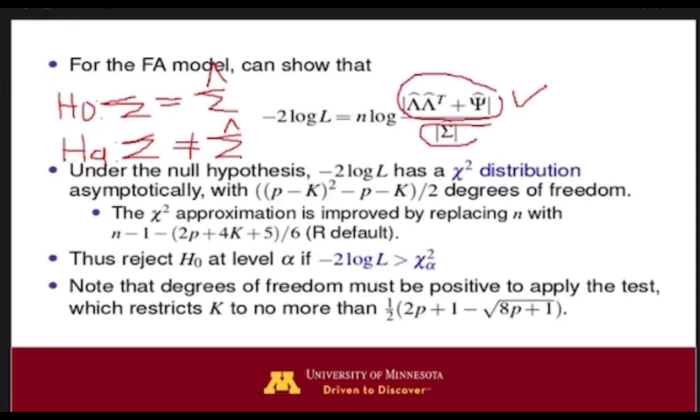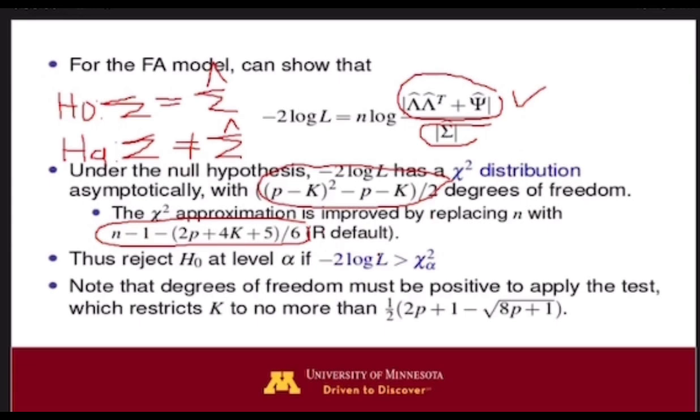And this test follows a chi-square distribution, with degrees of freedom. When the null hypothesis is true, that is the distribution. The chi-square approximation can be improved, because the chi-square test that we want to conduct is also sensitive to changing sample size, and that's why the approximation.